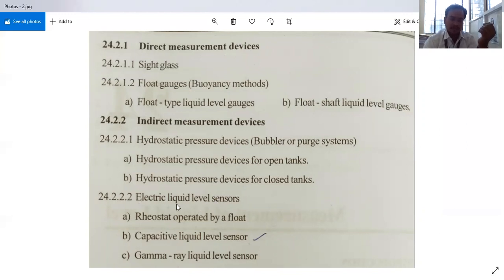In electric liquid level sensors, we use rheostat, capacitive, and gamma ray. The rheostat works with resistance. The capacitive works with respect to the dielectric constant of the medium present between the two parallel plates. The gamma ray liquid level sensor depends on the intensity of gamma rays that reach the sensor. Depending on that, the gamma ray liquid level sensor will work.